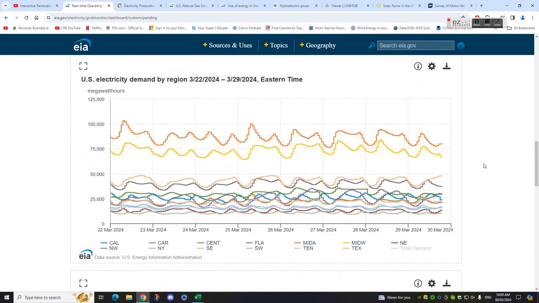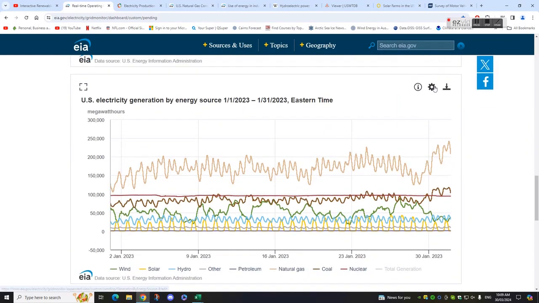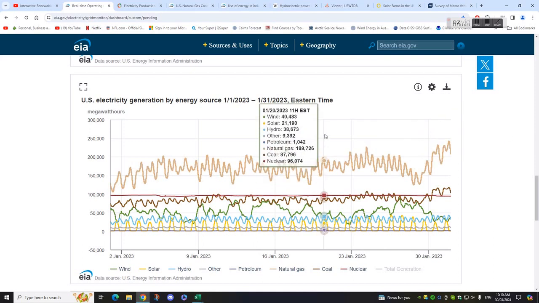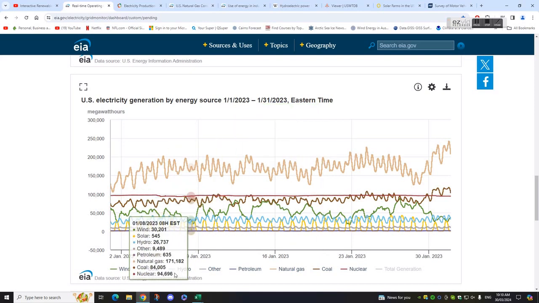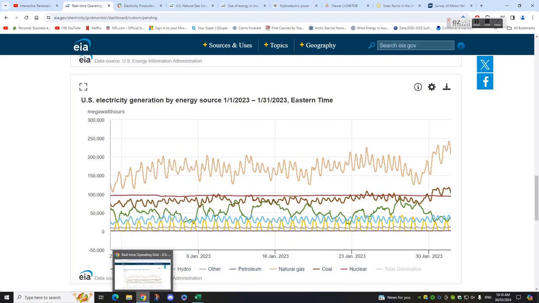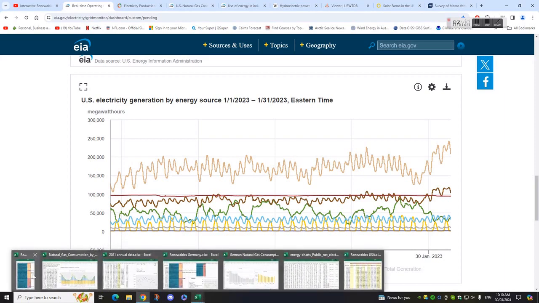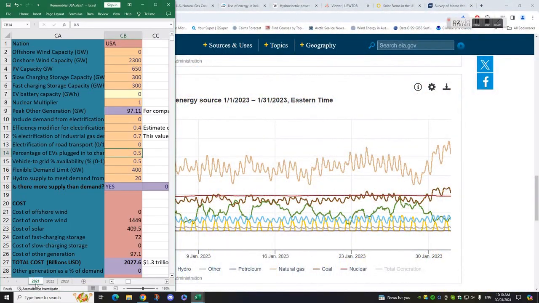If you scroll down to the fourth graph here, you can use settings to select the time when you want the data from, and then download it as a CSV for Excel. You can download it up to a month at a time, so I downloaded the data for 3 years, from the beginning of 2021 through to the end of 2023. I'll add to it in future, but you can download your own data for previous years if you want to.